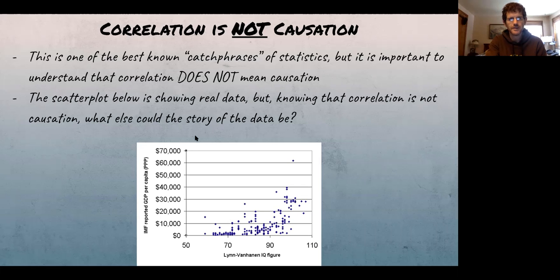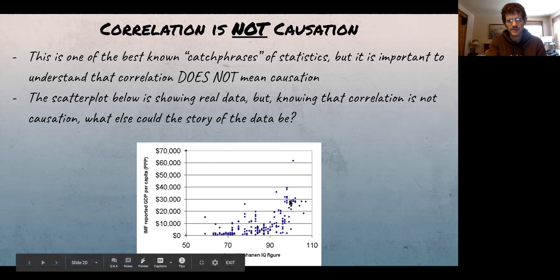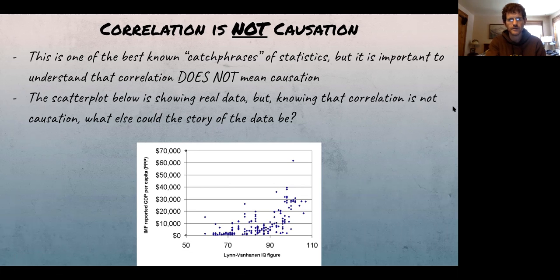So the scatter plot is showing real data. This is a real data set that someone captured. They plotted it, and it's telling a story. But knowing that correlation is not causation, well, okay, maybe we will talk about it right here, because on the next slide, we're going to talk about the same data set even more.